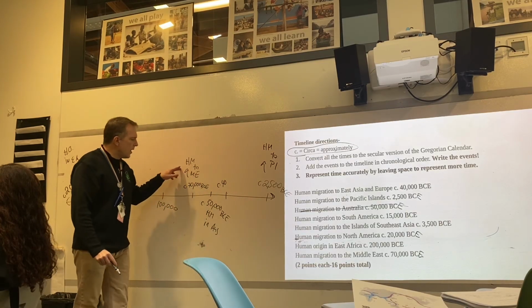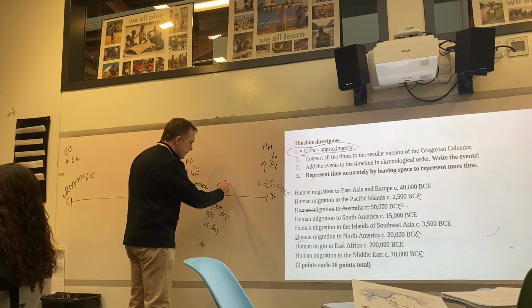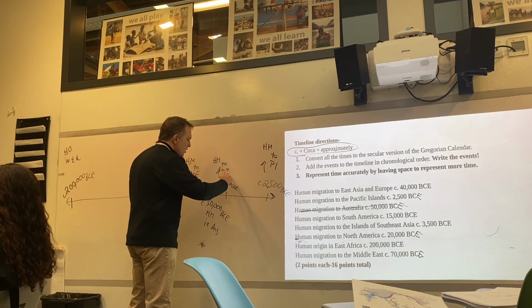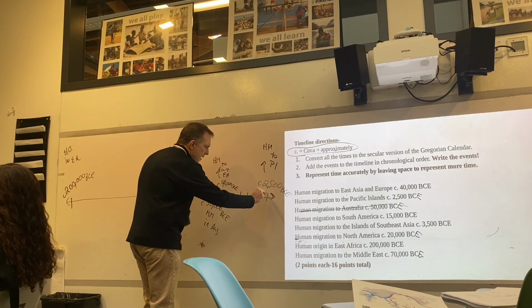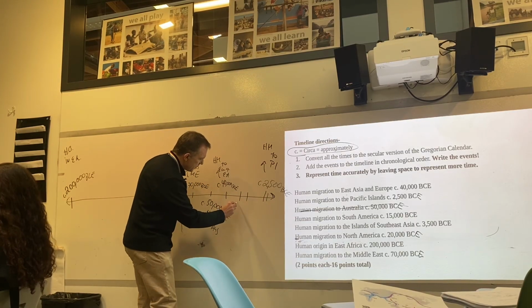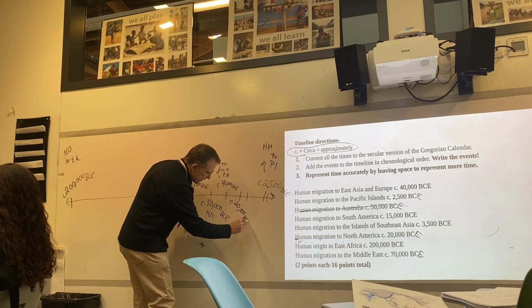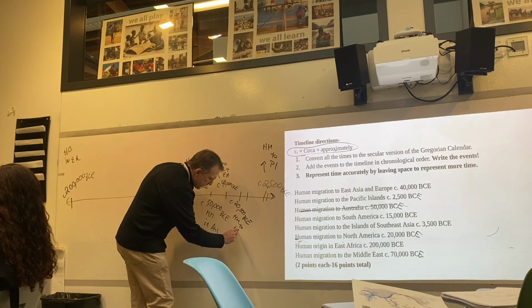Notice how I do one up, one down, one up, one down. That way it gives me more space for those of us that struggle with the space. 40,000 BCE, this is human migration to Europe and East Asia. And then I got 20,000, 15,000, and 3,500. So this would be circa 20,000 BCE, human migration to North America.